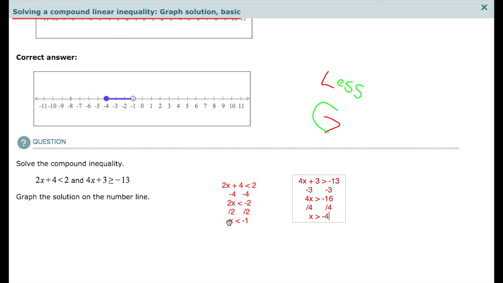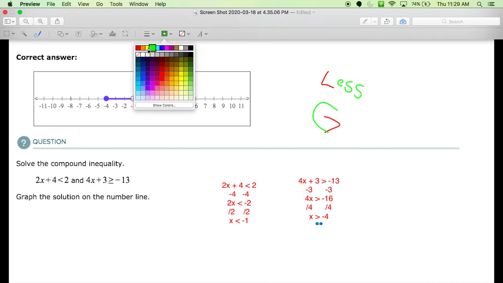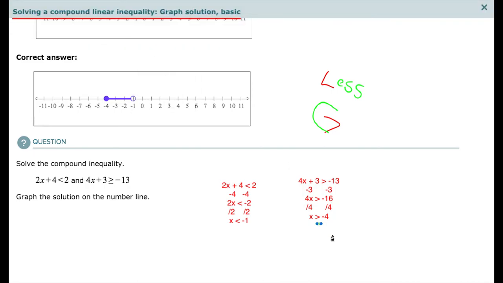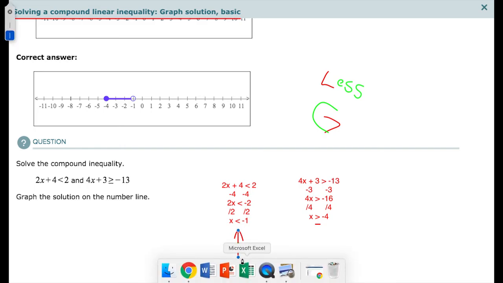So we have two things. We have x is less than negative 1, and x is greater than or equal to negative 4. Here you can see when it's x is less than negative 1, whenever we have a less than sign like this, we're using an open circle.